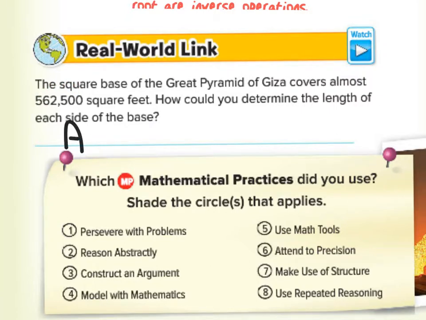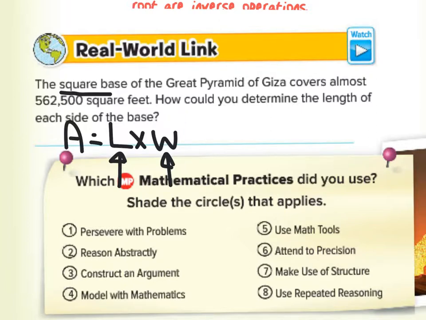Area equals length times width. We also know that the base of the pyramid is square. So the length and the width are going to be the same number, right? A square has all sides equal.